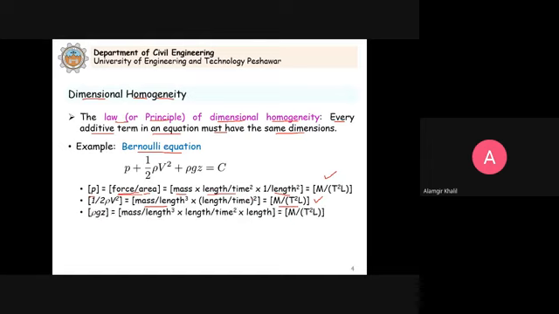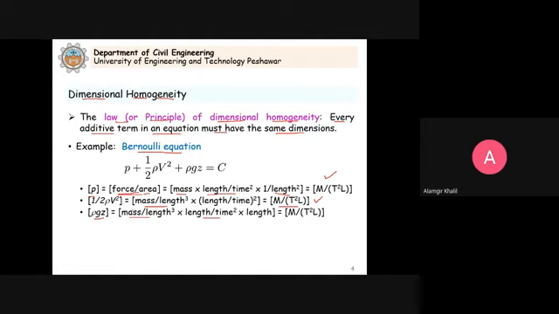And third, we consider the rho g z term. Rho is mass density, mass by length cube. g is acceleration due to gravity, so again it has the unit of acceleration, meter per second square, length divided by time square.